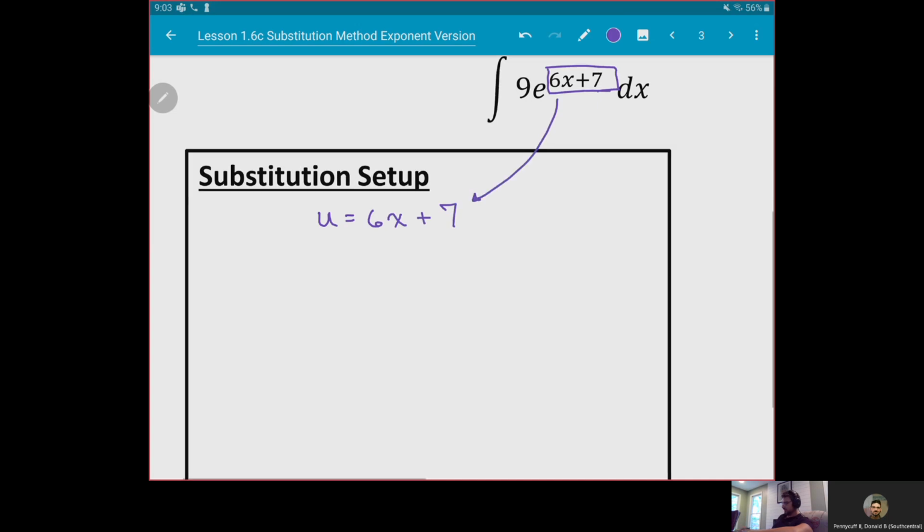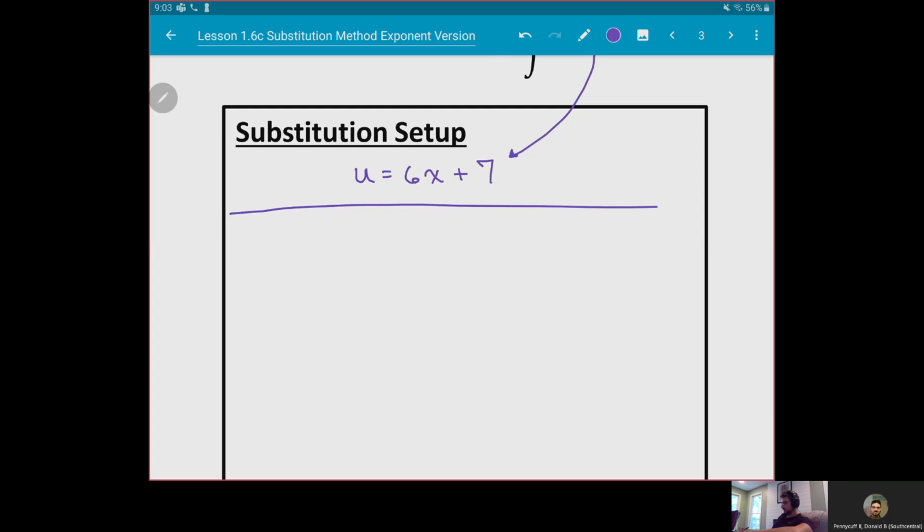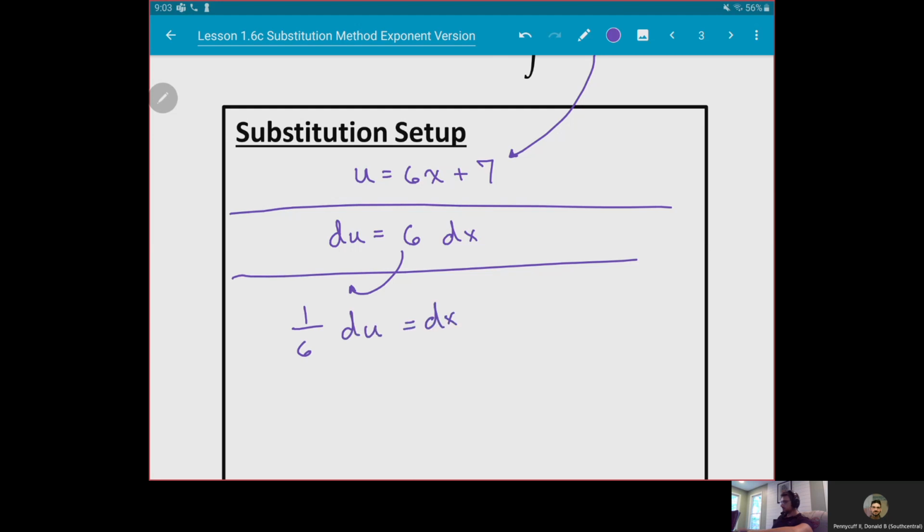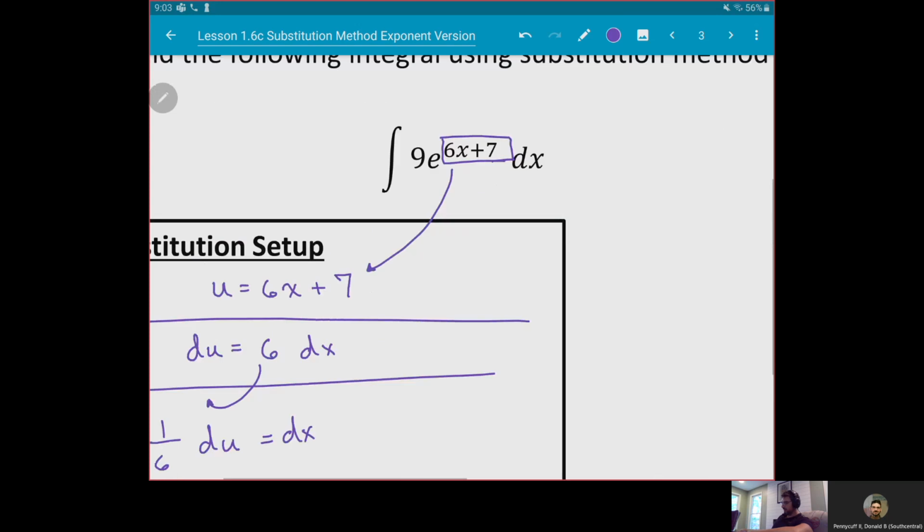Okay. And then du is going to be equal to 6 dx. Then all I have to do is move that over, and I have 1 over 6 du equals dx. Boom, and I'm ready to go.